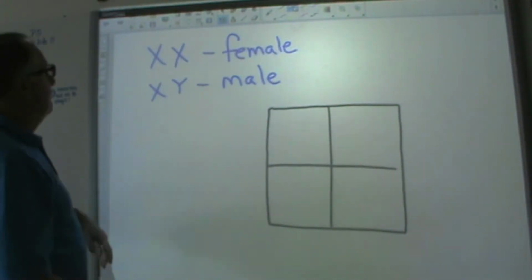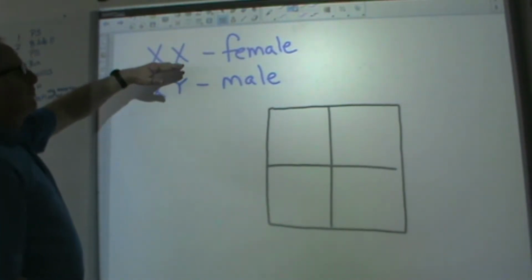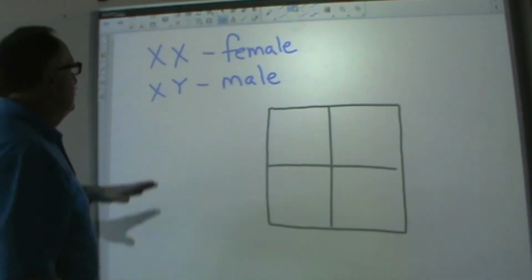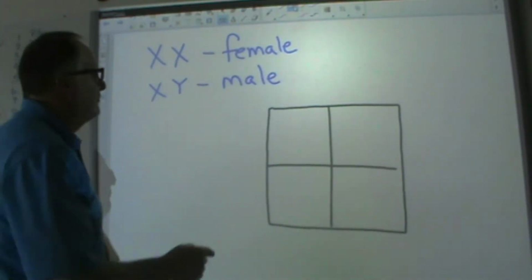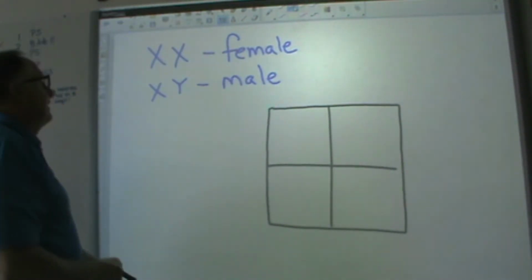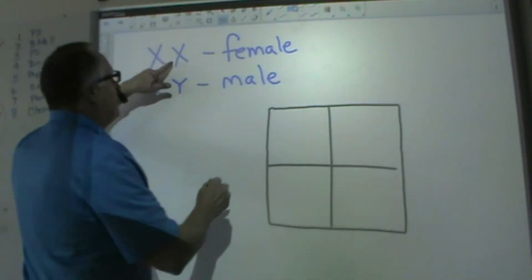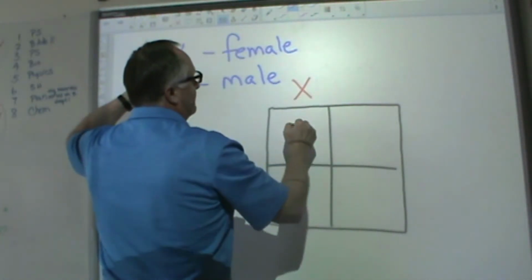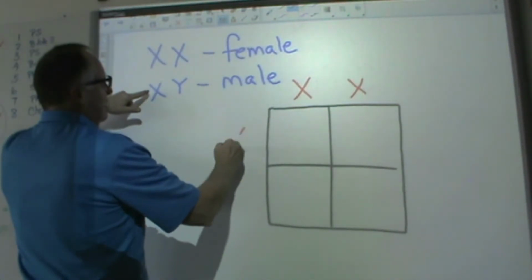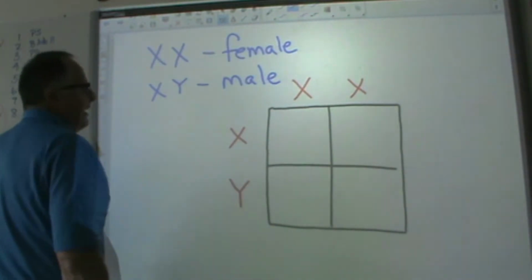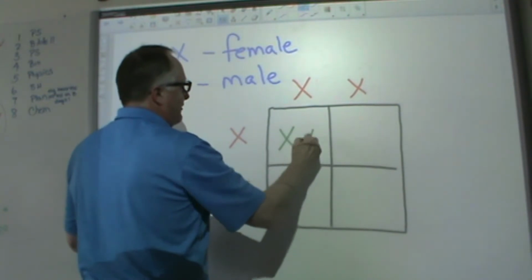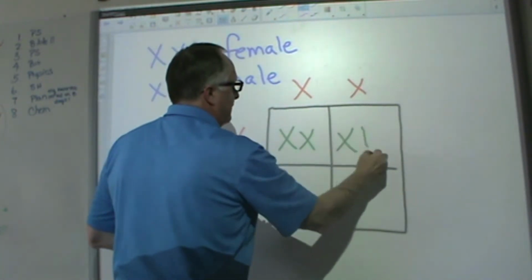So just to begin with, in determining the sex of an offspring, 2 X chromosomes are female and X and Y is male. And if we just cross this, and the only way you can cross, no matter what culture says now, this is the only way that we're actually going to get to make a Punnett square. So if we put mom here, she can either give an X or she can give an X. And dad can give an X or dad can give a Y. Now when we put these together, these 2 will be XX, same thing here.